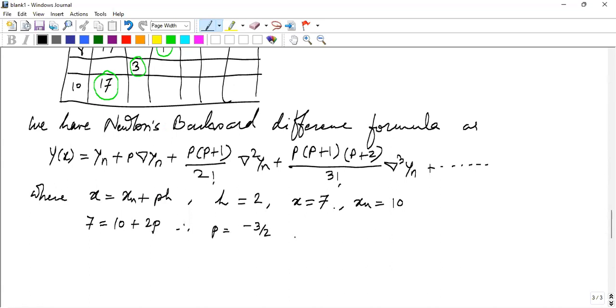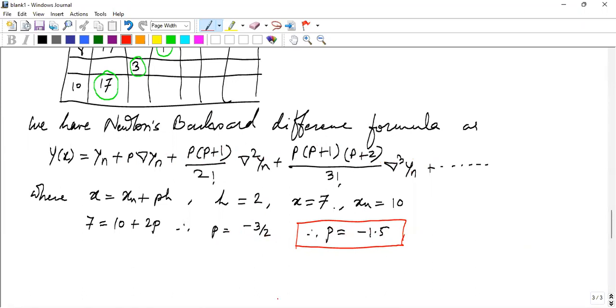Is that okay? Yes, sir. Or we can write p is equal to minus 1.5. Okay. So minus 1.5 will be easy for our calculations, as we would write here p plus 1, p plus 2 onwards. So it is better to go with the decimal fractions rather than the simple fraction.